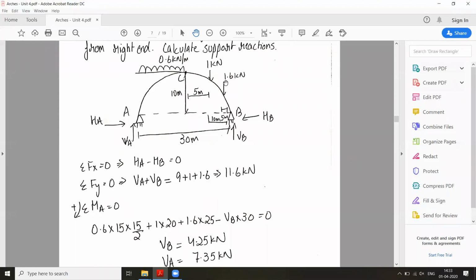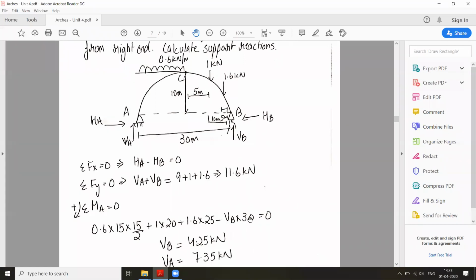Plus then this is the next load, which is 1.6. What is the distance of 1.6 from A? 25. So 25 into 1.6. Minus, now we have this VB. What is the distance of VB from A? 30. So this is negative because this is anti-clockwise, and the rest, everything is clockwise.